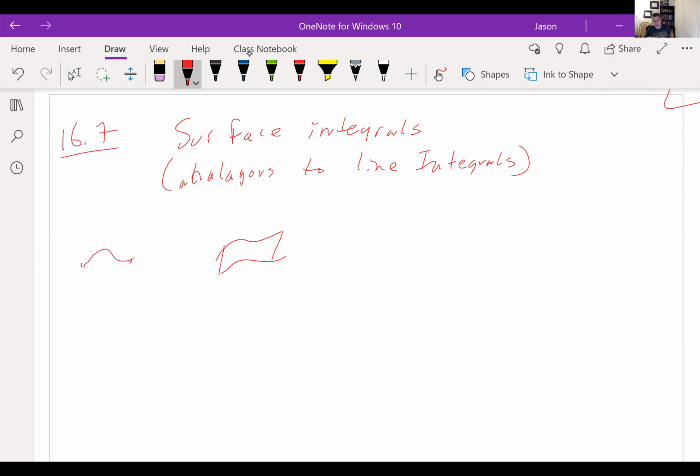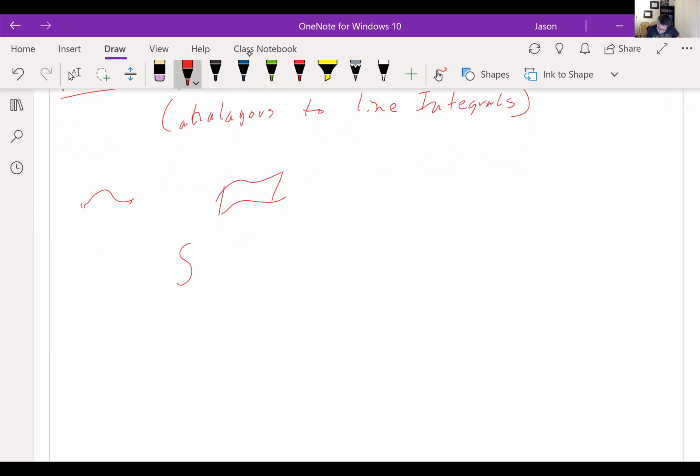Taking the integral over a line versus taking the integral over a surface. Whereas before, we had our line integrals. This goes all the way back to 16.2.